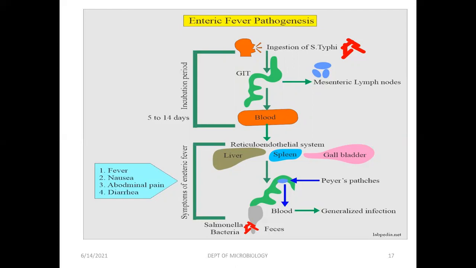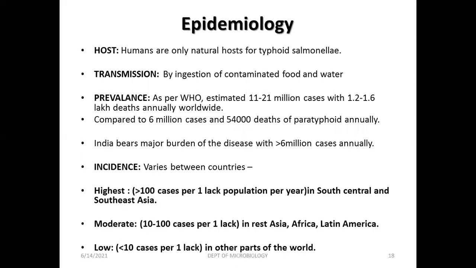From blood, they reach the reticuloendothelial system, and from here the signs and symptoms of enteric fever begin, that is fever, nausea, abdominal pain, diarrhea. From the reticuloendothelial system, the organism proceeds to various other organs, liver, spleen, gallbladder, and the Peyer's patches, and from there again reaches the blood, causing generalized infection, and at the same time, they are excreted through the feces into the environment.